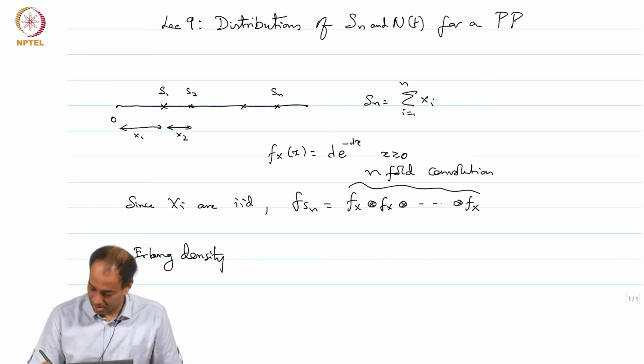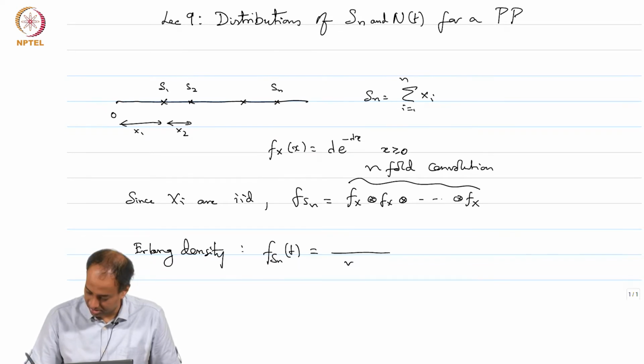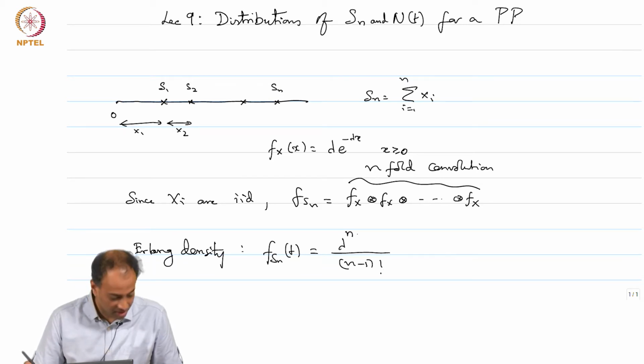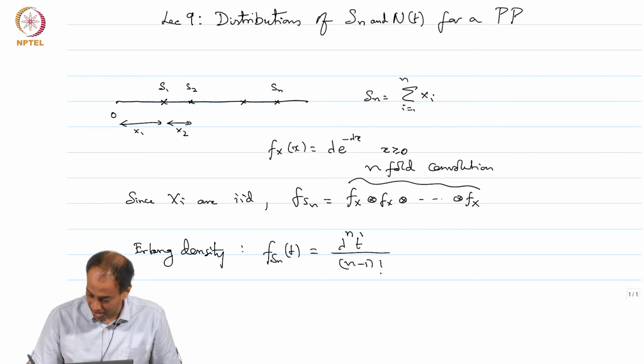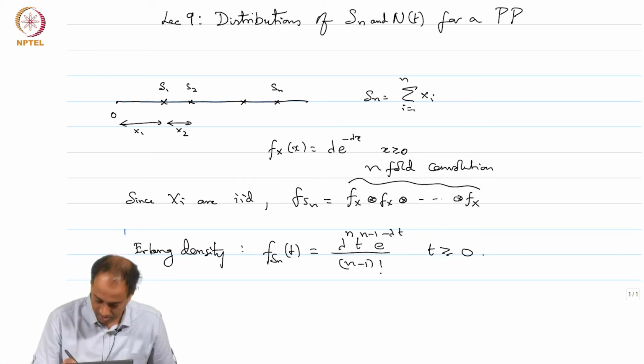So, fSn is equal to lambda to the n t to the n minus 1 e to the minus lambda t, divided by n minus 1 factorial, for t greater than or equal to 0.